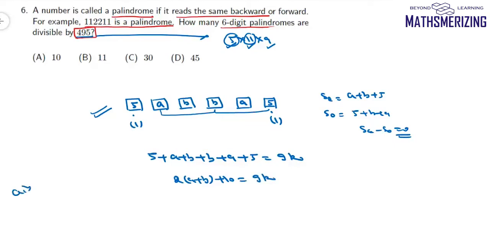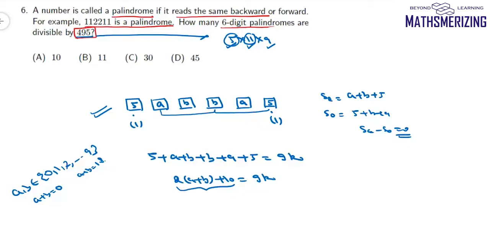Now we know that a and b belong to the set 0, 1, 2 up to 9. So what is the minimum value of a plus b? The minimum value of a plus b is 0 and the maximum value of a plus b here is 18. Now we need to find all the possible combinations of this sum a plus b so that 2 times (a plus b) plus 10 is divisible by 9.